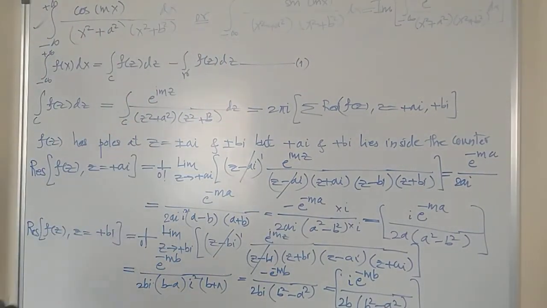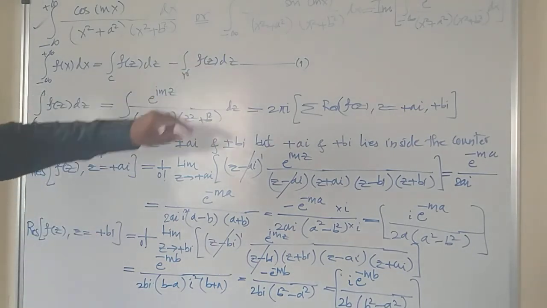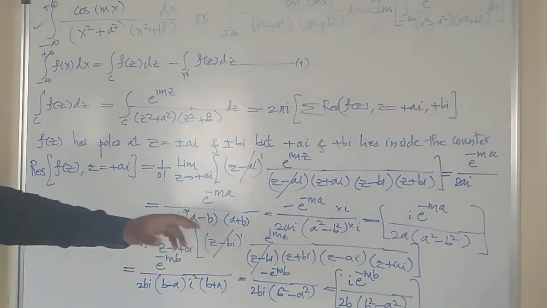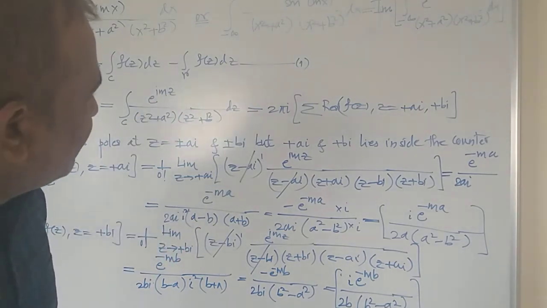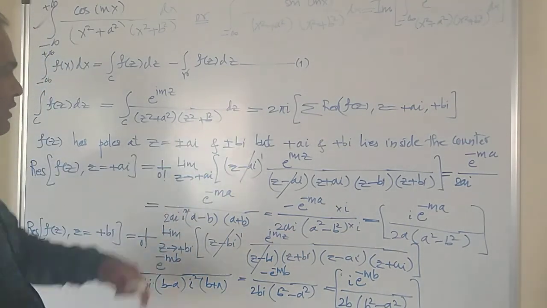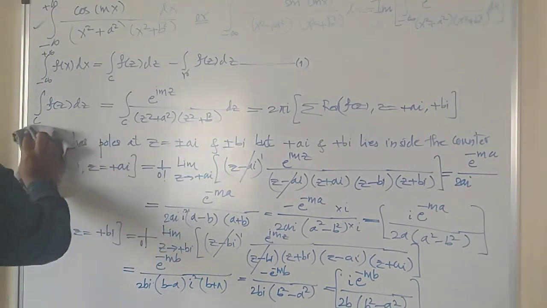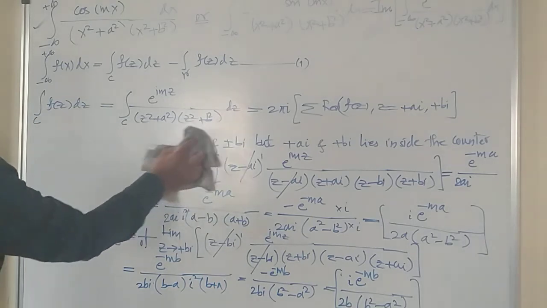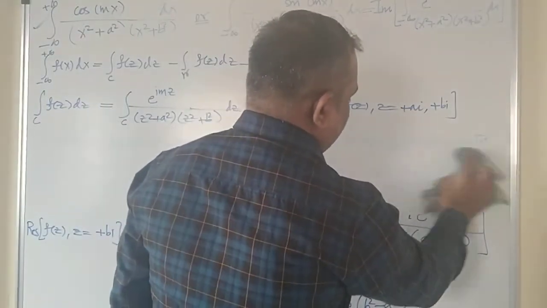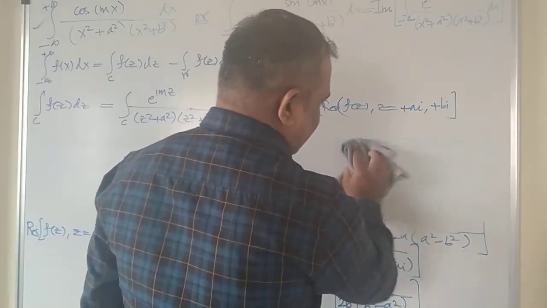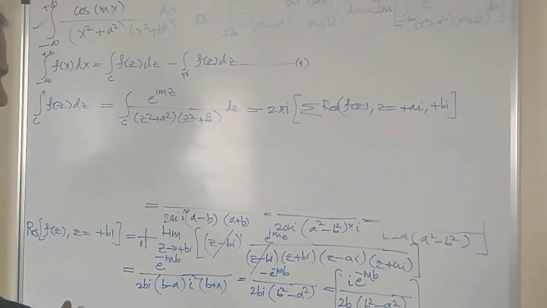Now if the residues are calculated, now solve this gamma function, right? This gamma function, and then put these residues into the above formula. So let us do it: put first these two residues into this formula, and then you can calculate the value of this gamma function, which will be 0 only. Yes.